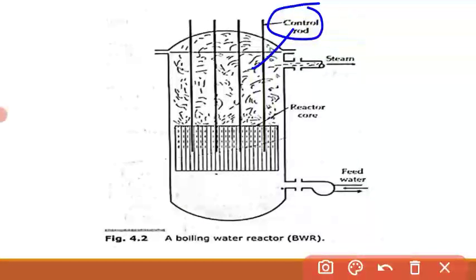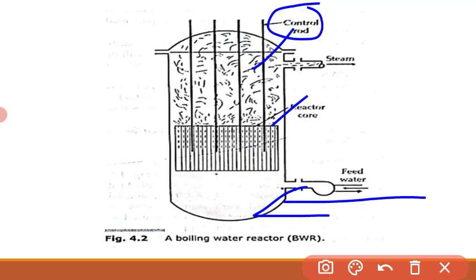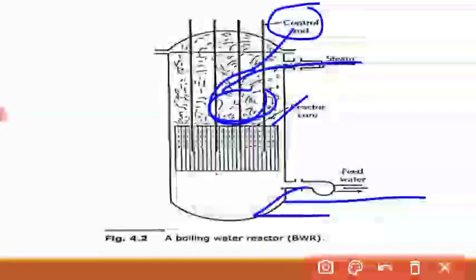As I explained everything in the last class, I will just discuss the boiling water reactor. Control rod, then this is the core, the reactor core. Here they are feeding the water. Here itself the water gets heated up, and the steam is taken outside.